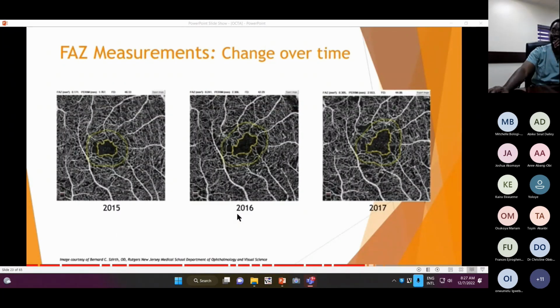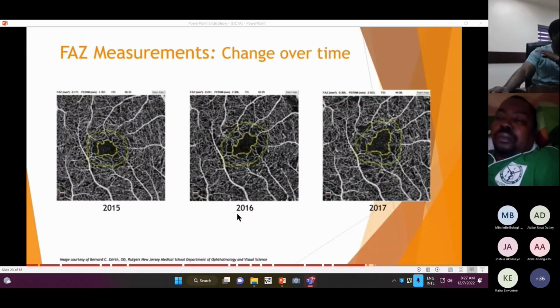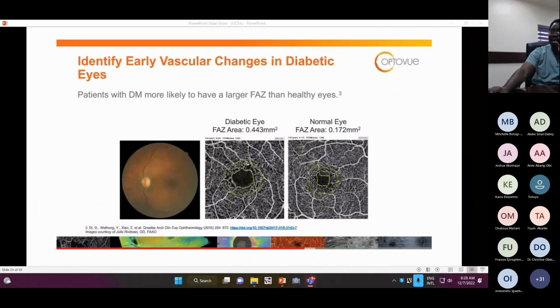And also, we can track the changes of the fovea avascular zone over a period of time. We can put the values as it's represented here. Look at this patient: 2015, 2016, 2017, and we can see how this goes. I also need to emphasize why we are looking at the fovea avascular zone. It's been established that patients with DM are more likely to have a larger fovea avascular zone than healthy eyes.